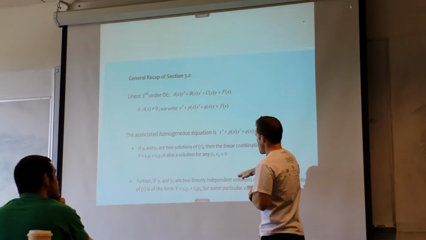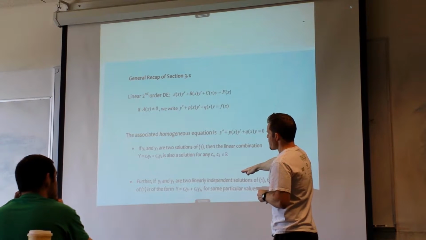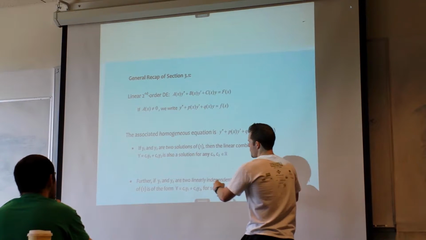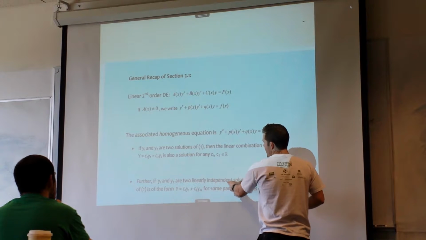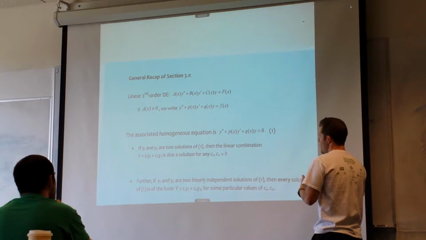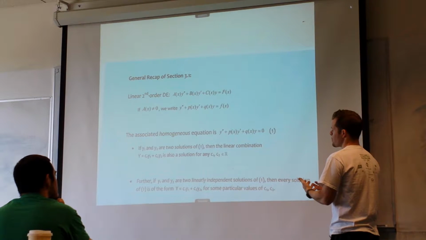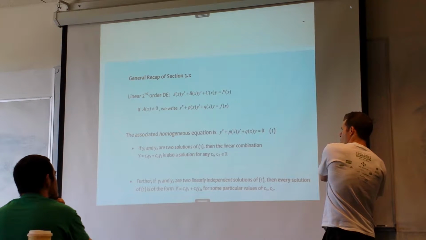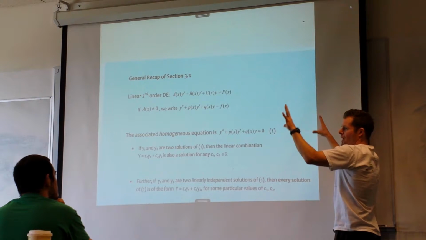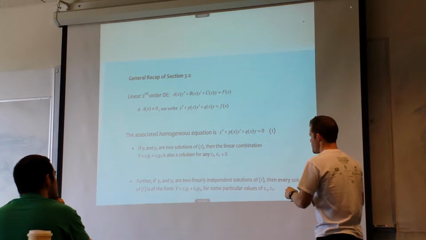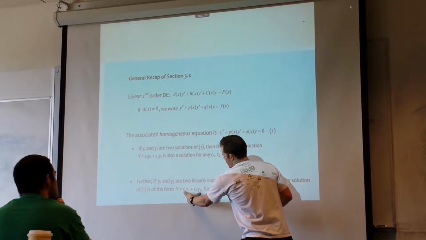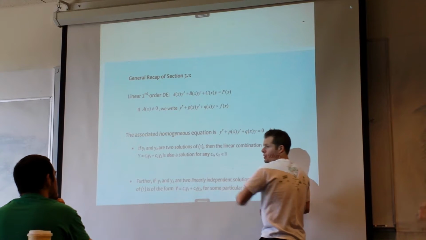Now, the stronger statement: if you can identify two linearly independent solutions, okay, then not only is any linear combination of those two functions a solution, but the converse is true. Any solution out there in the world to that equation is of the form of some linear combination of those two solutions.